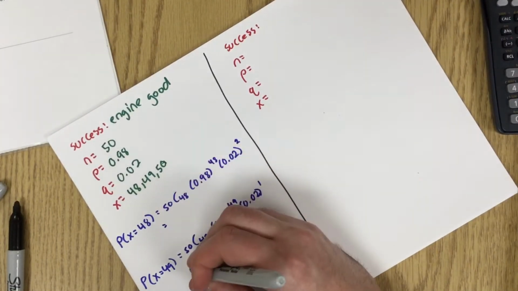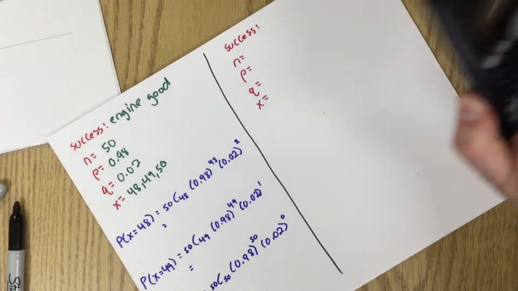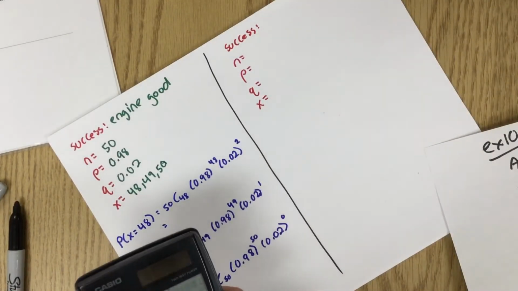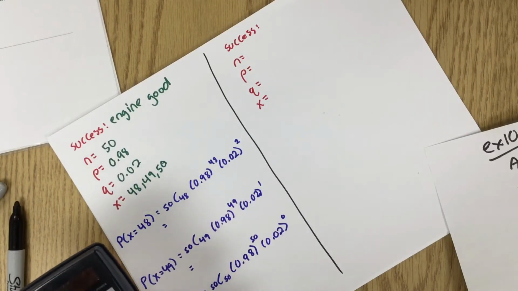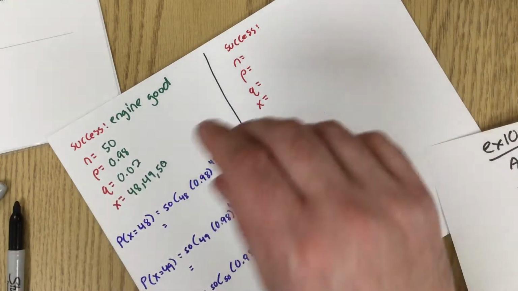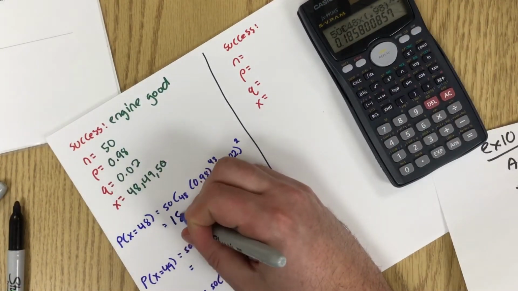So let's go calculate all these things. It's going to be 50 choose 48 times 0.98 to the power of 48 times 0.02 to the power of 2, and that's going to be 18.6%.